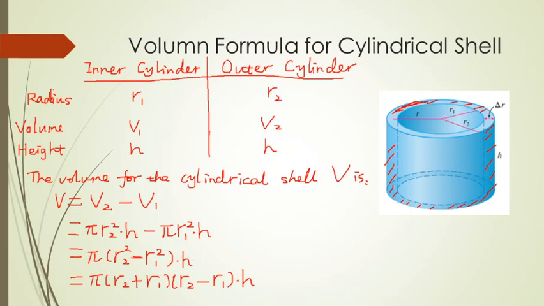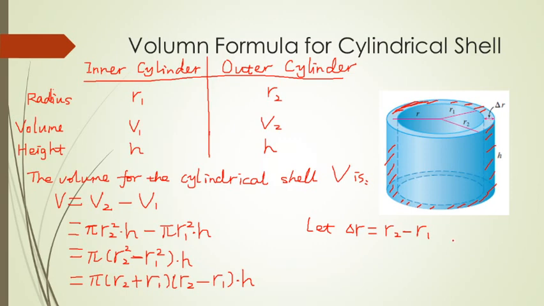Now we know R1 is the radius of the inner circle and R2 is the radius of the outer circle. I will let the difference be delta R, which is R1 subtracted from R2, the difference between the outer and inner radius.